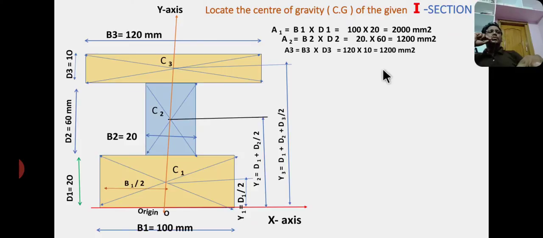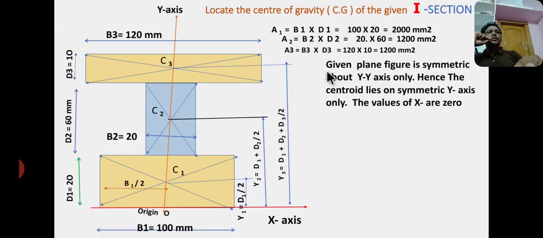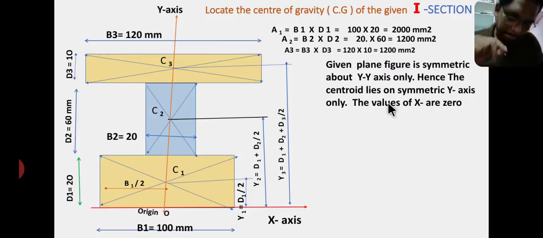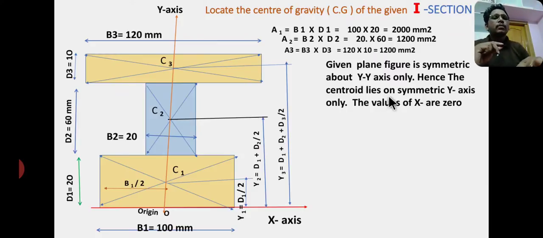Area 1 equal to 2000, area 2 equal to 1200 mm square, area 3 equal to 1200 mm square. Now the given plane figure is symmetric about the y-axis, hence the centroid lies on the y-axis only. So therefore the values of x are 0.